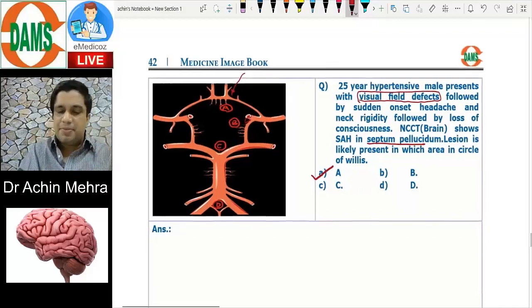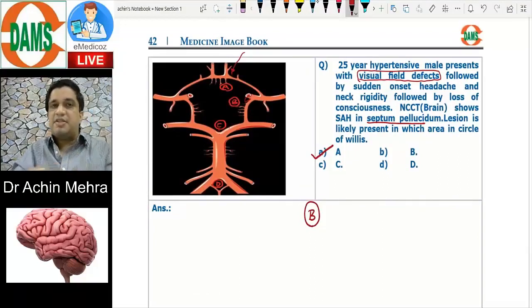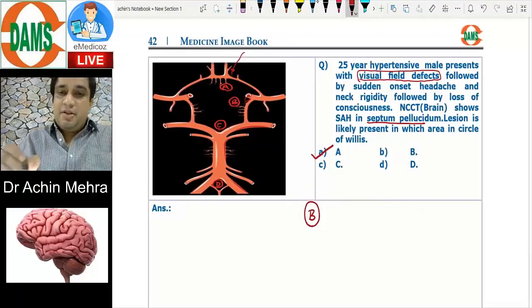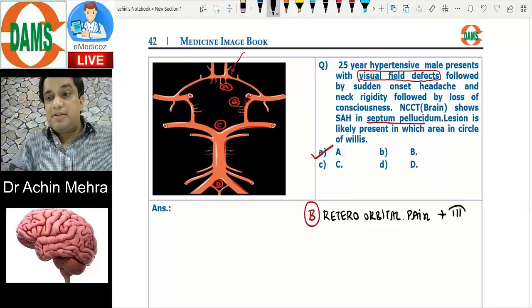Just a quick recap. If at all there is an aneurysm at B, that is the posterior communicating IC junction, what do we get? We have discussed this in the class. We find in the patient a typical pain, that is retroorbital pain, with of course one very important thing, a cranial nerve palsy, third nerve palsy, right?